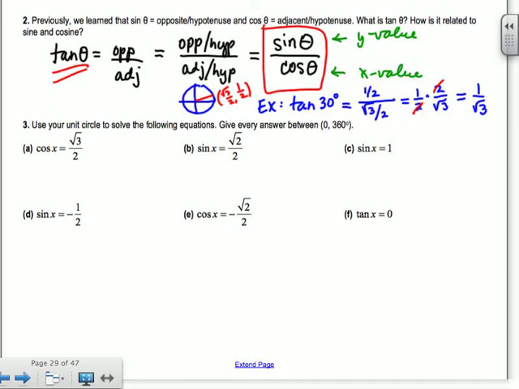Remove the square root. Yeah, get rid of the square root on the bottom. So we rationalize. So multiply by square root of 3 over 3, or square root of 3 over square root of 3, I guess. So you get square root of 3 all divided by 3. That's what tangent of 30 degrees would be. So tangent's a little bit harder because you have to actually do the division. You can't just do it all in your head.